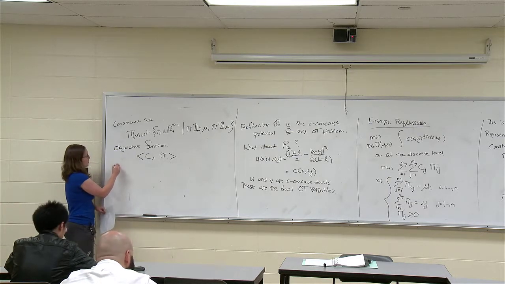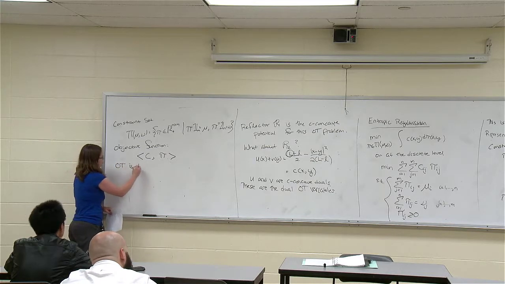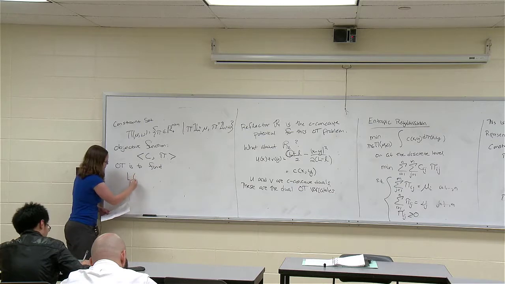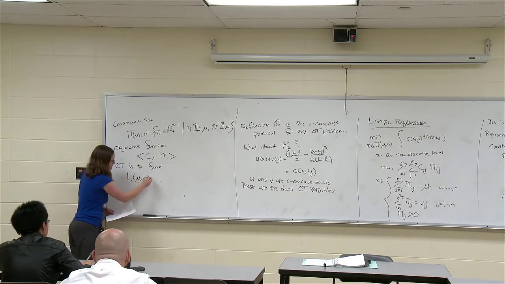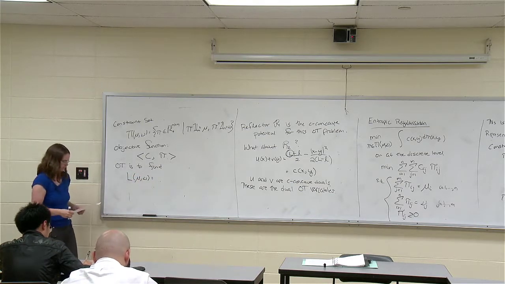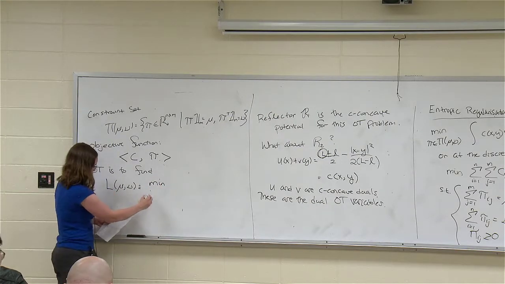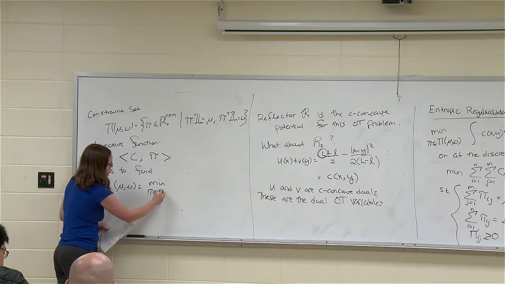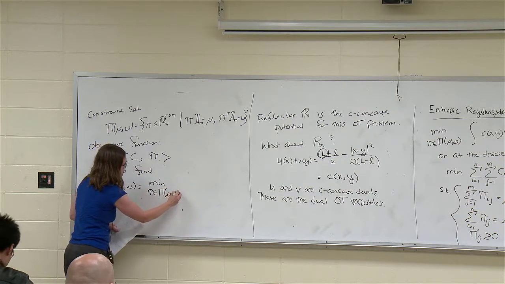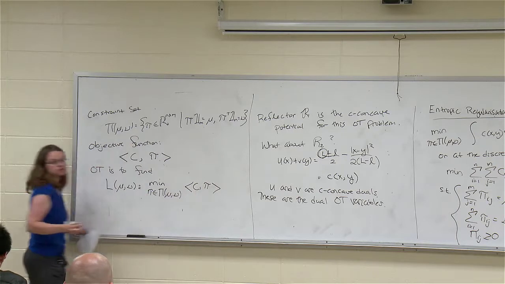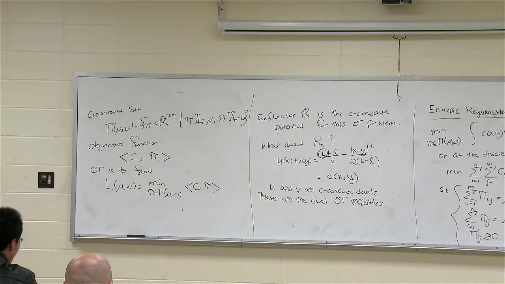So this is really our problem. Our optimal transport problem is to find this. I'll call L the minimal cost, and we're trying to find the minimum over all admissible transport plans of this objective function.